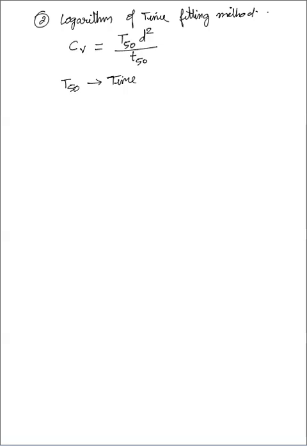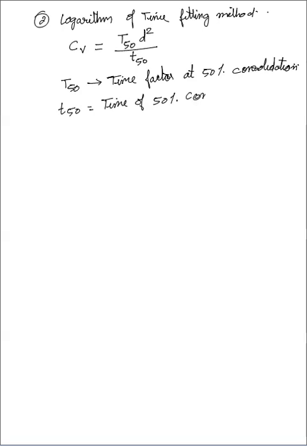Small t is related to the actual time taken, and capital T is the time factor. T50 is the time factor at 50% consolidation, and small t50 is the time of 50% consolidation.